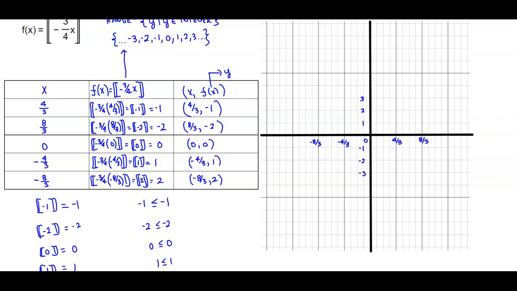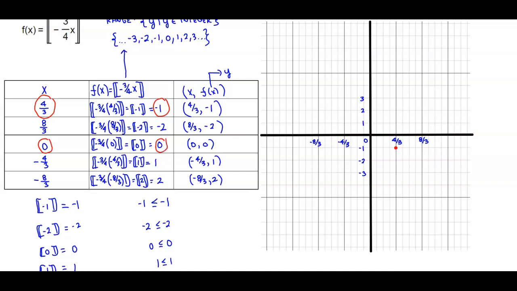Okay, so at positive 4/3, we know that we have negative 1. Now if you notice, at positive 4/3, we get a negative 1 as an output. And what that means is if we take another number, 0, if you look at 0, that's going to be at 0.